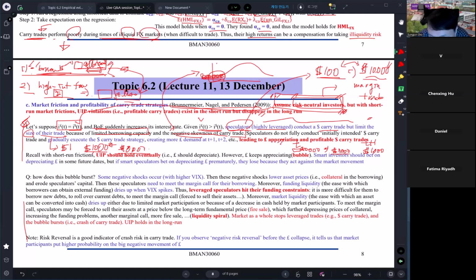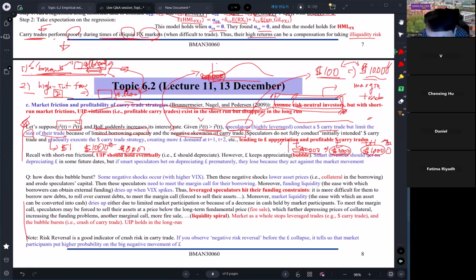What I'm trying to say is they initially intend to implement a $10,000 carry trade, but they cannot implement the whole amount at time T. They just implement carry trade gradually: time T, small number; T plus one, small number; T plus two, small number.